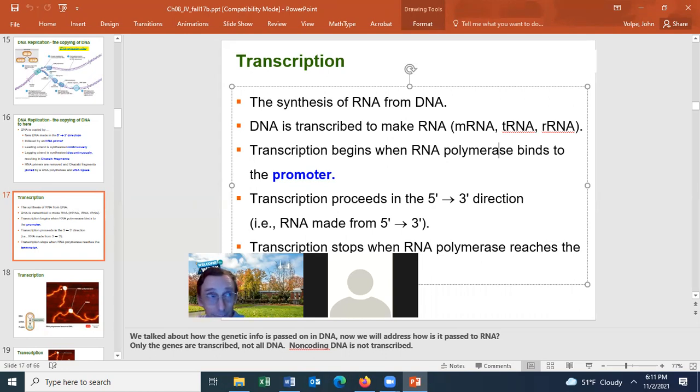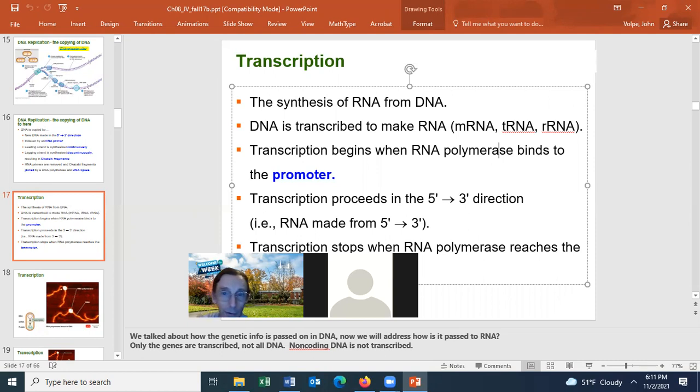I already mentioned the promoter. The promoter isn't strictly speaking part of the gene that codes for something, although I wouldn't call it non-coding DNA. It has a different function: it's coding for RNA polymerase to bind here.